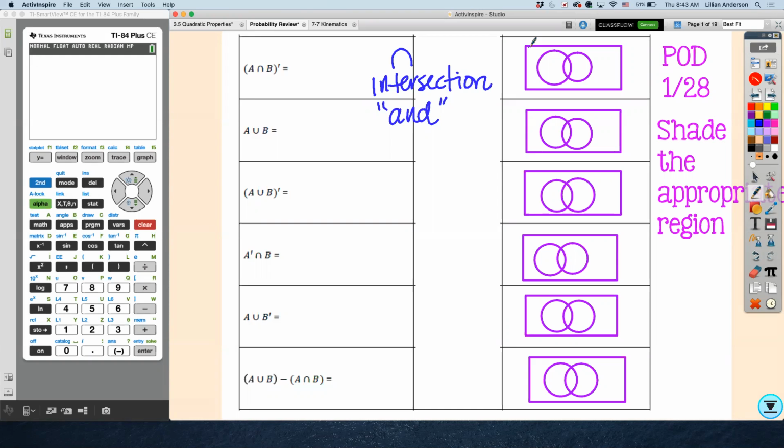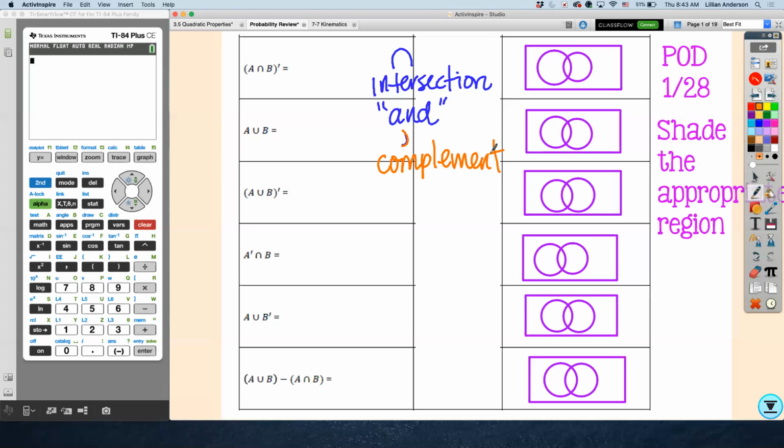What does this apostrophe mean? In the sense of derivatives, it does mean prime. But in the sense of probability, it means the complement. So that means everything else.